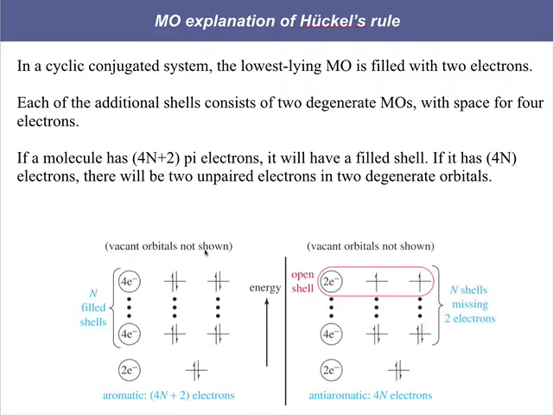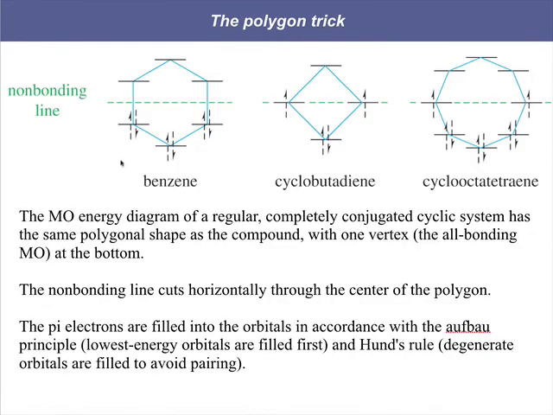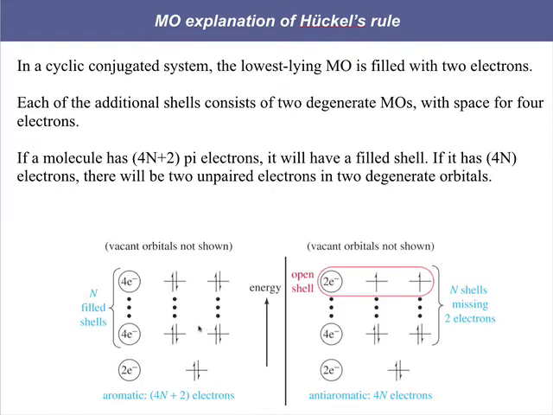The vacant orbitals aren't being shown. So for example, benzene has 1 at the bottom, and then 2, and then 2, and then 1. That's what we have here. Whether these are filled or not, they're just hiding the vacant orbitals.